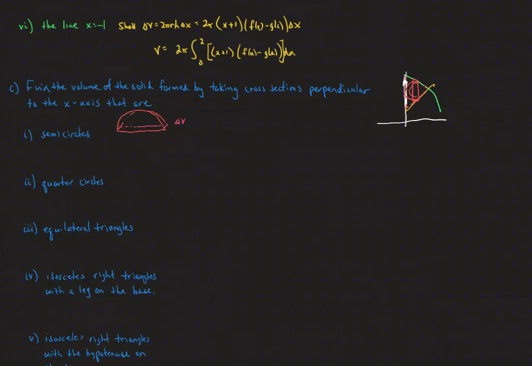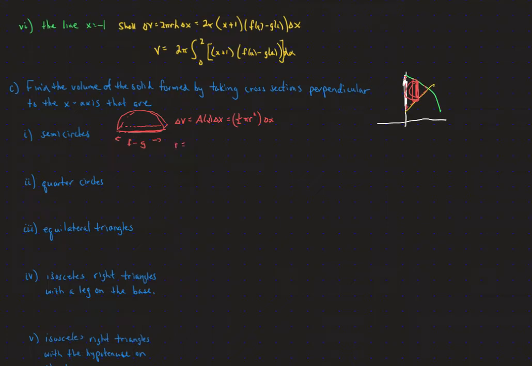So our delta volume is going to be the area of the cross-sectional piece times delta x. And our area is a semicircle, which is going to be 1/2 pi r squared times our delta x. Now our radius, this distance right here, which is a diameter, is going to be this distance, which is our top curve minus the bottom curve. That goes all the way across.